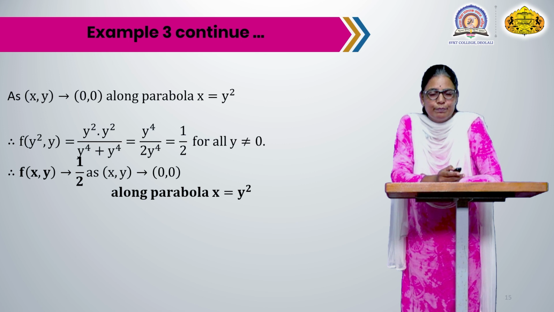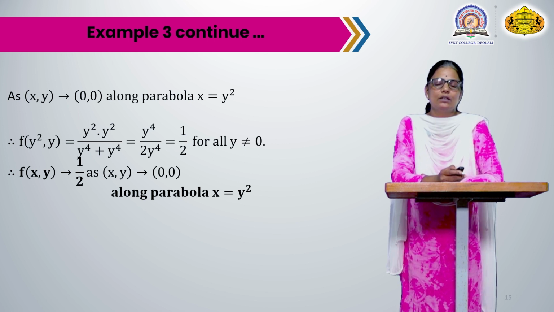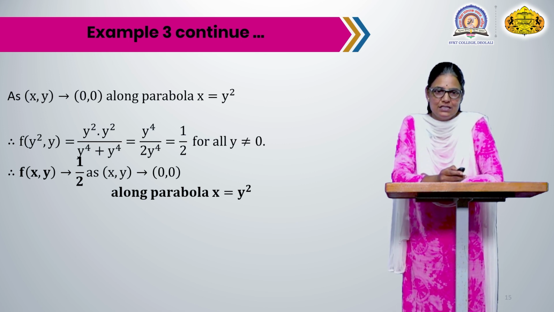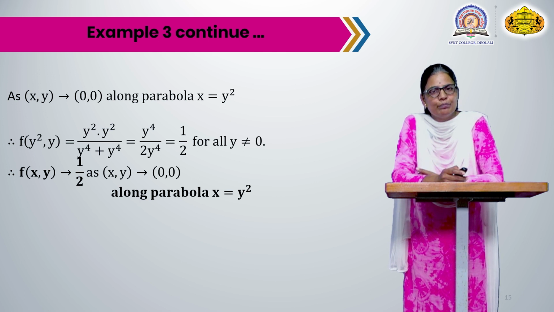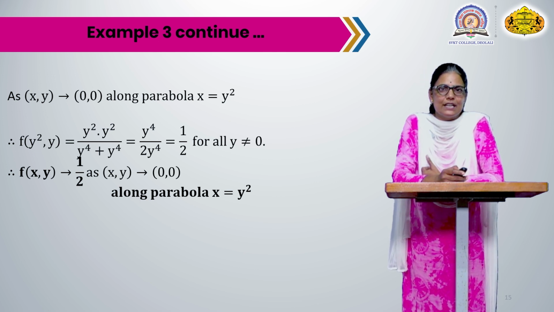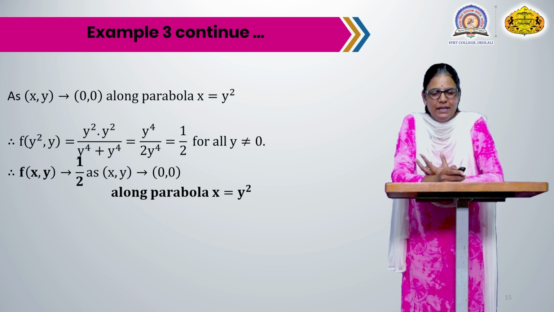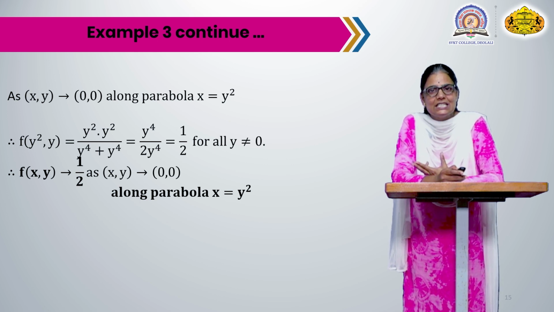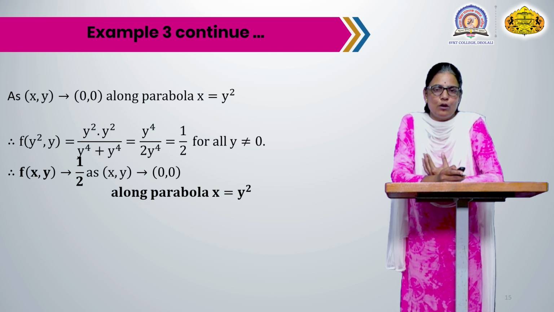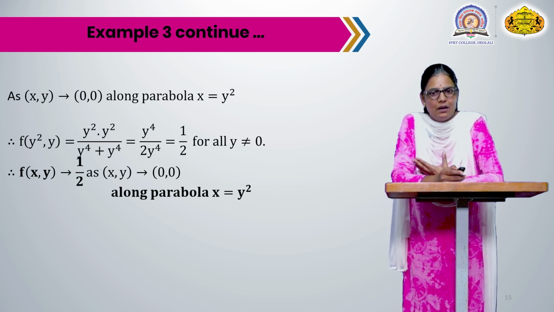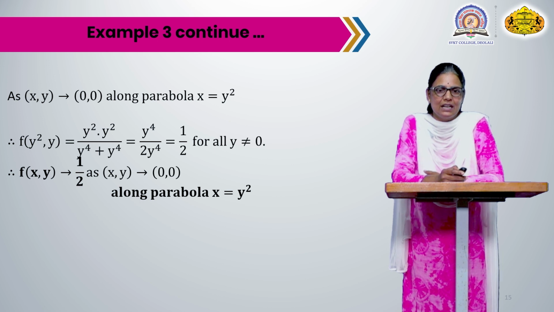So for this function, the limit along the x-axis is 0 and the limit along the parabola x equals y square is a half. And since we obtain two paths such that the limit of the given function along these two paths is different, we say that the limit of the function does not exist.